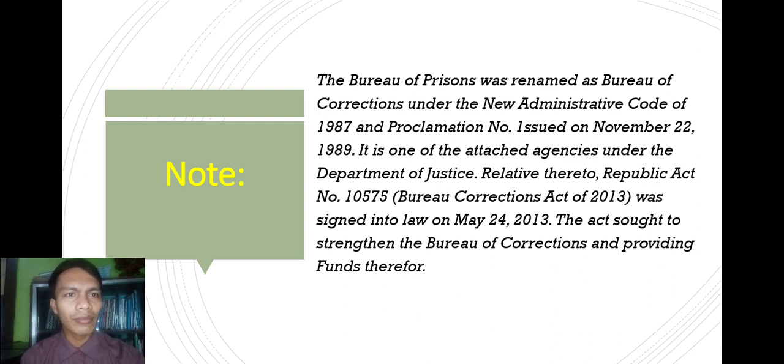It is under the DOJ relative to Republic Act number 10575, the Bureau of Correction Act of 2013, signed into law on May 24, 2013. The act sought to strengthen the Bureau of Correction and provide funds therefor. So take note of that, guys.